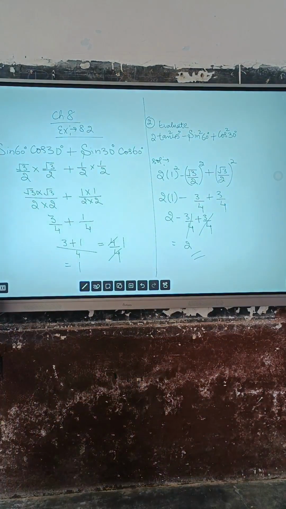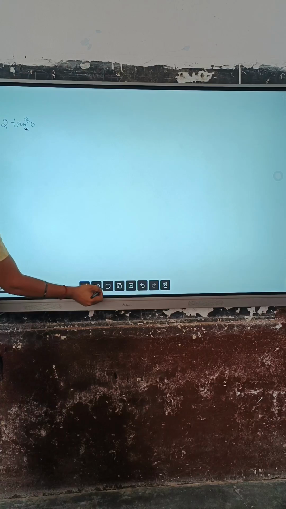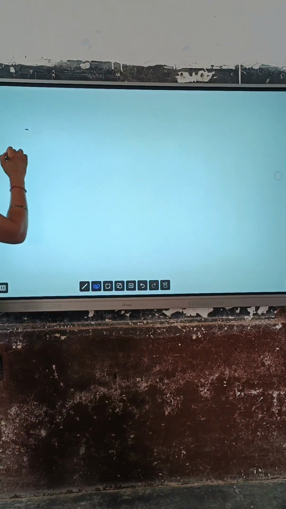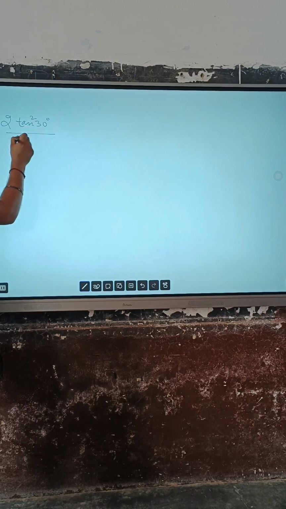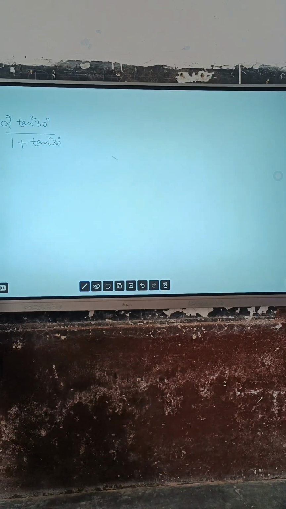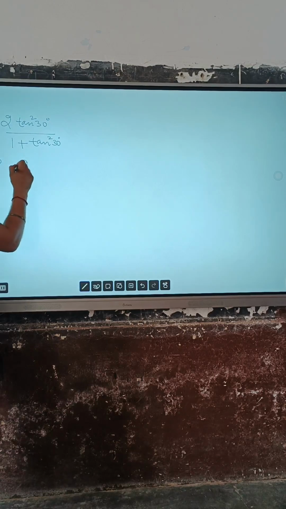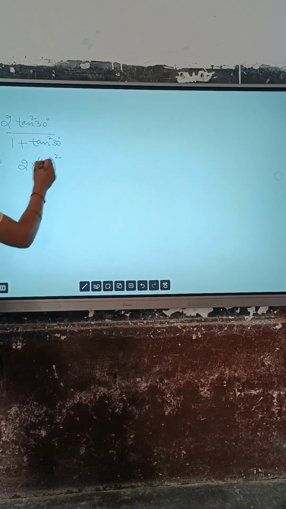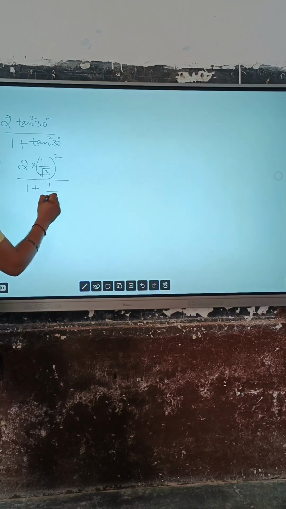Next one is the third question. 2 tan 30 degree over 1 plus tan square 30 degree. So evaluate this. Tan 30 is 1 by root 3.